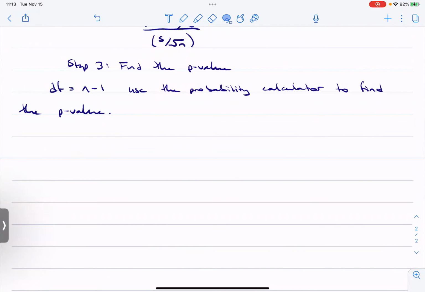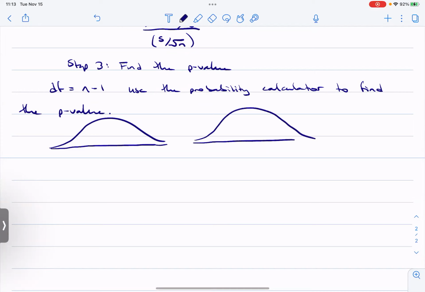The p-value depends on the alternative hypothesis, right? So let's remind ourselves of the three options. If the alternative hypothesis is that mu is not equal to mu naught, then my p-value is going to be the area in both the tails.